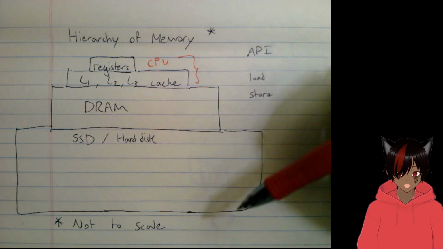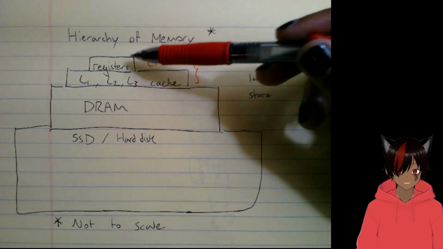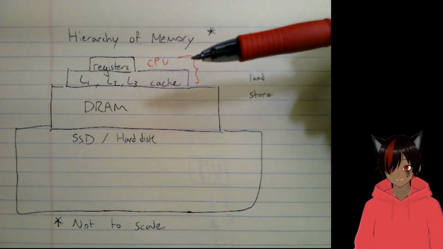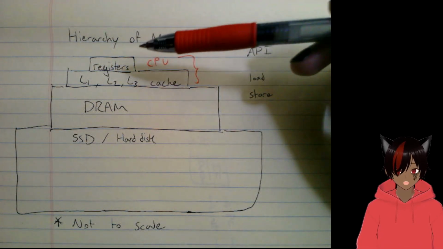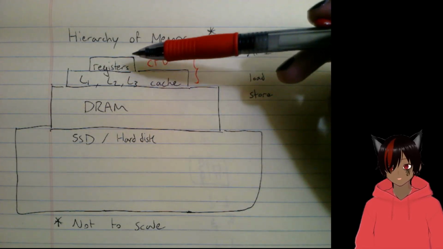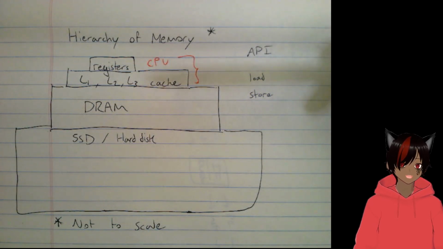What's being shown by this hierarchy of memory is that the things at the top are extremely fast. They're also extremely expensive. We cannot possibly make all of our memory using the technology that CPU registers are made on, because it's just too expensive to do so.